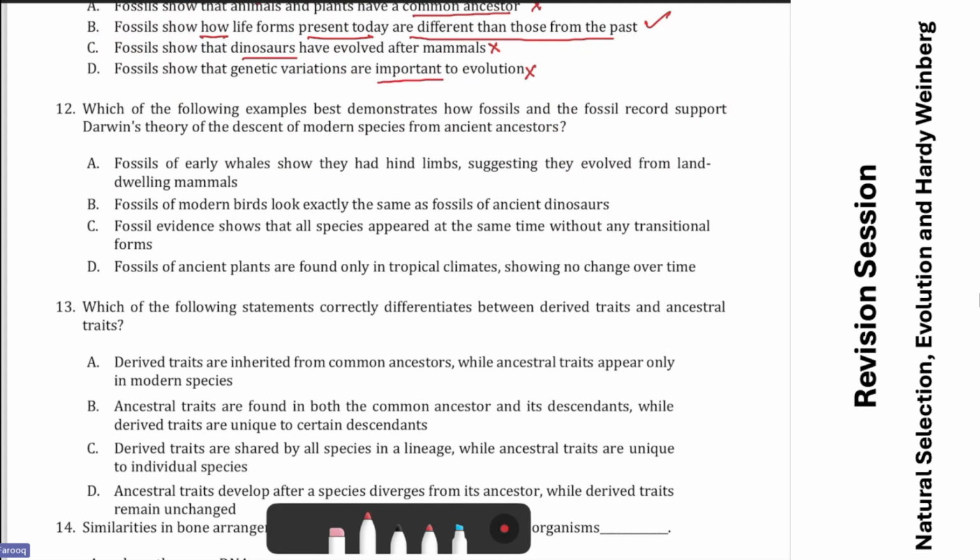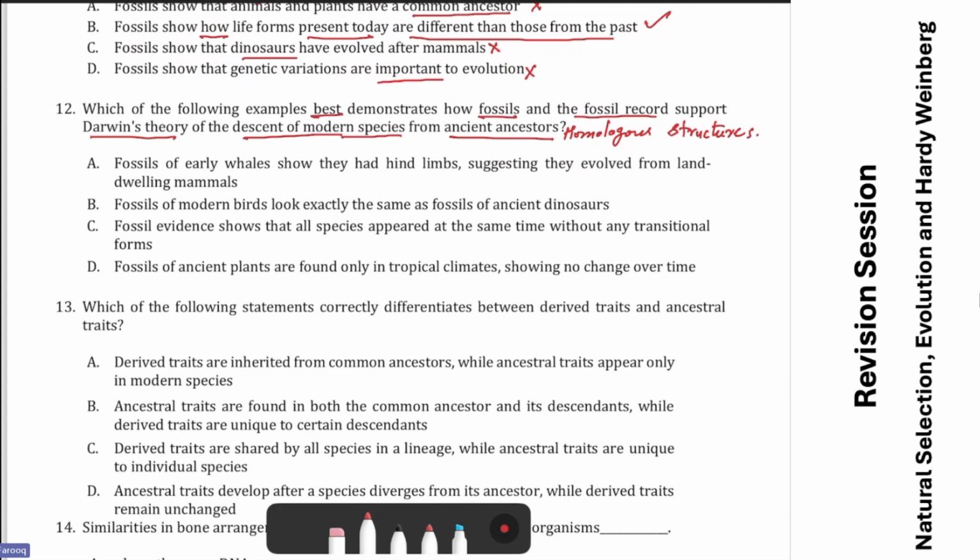Which of the following examples best demonstrates how fossils and the fossil record support Darwin's theory of the descent of the modern species from ancient ancestor? Descent of the modern species means that the new species have the best trait and they are coming from an ancient common ancestor, so you should say something related to homologous structures, the same structure but different function.